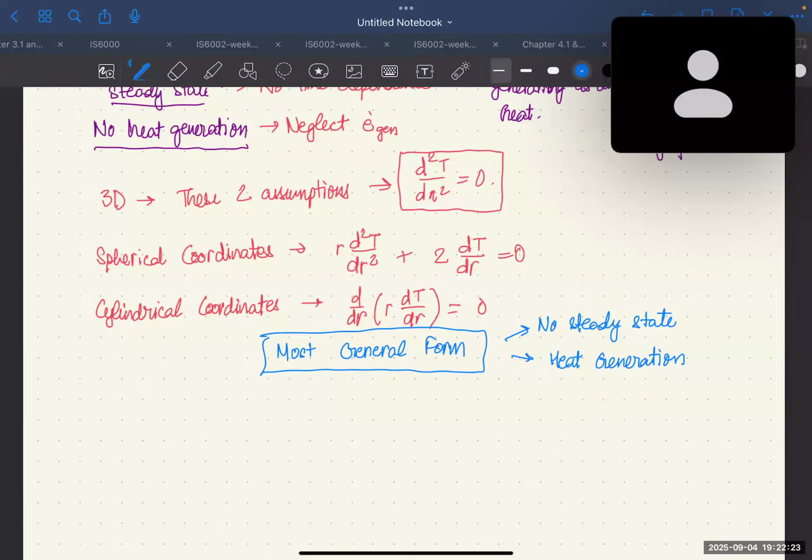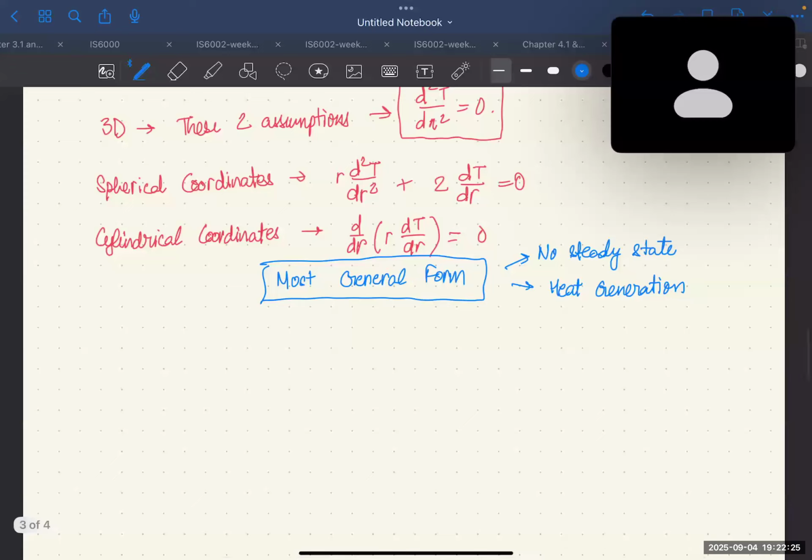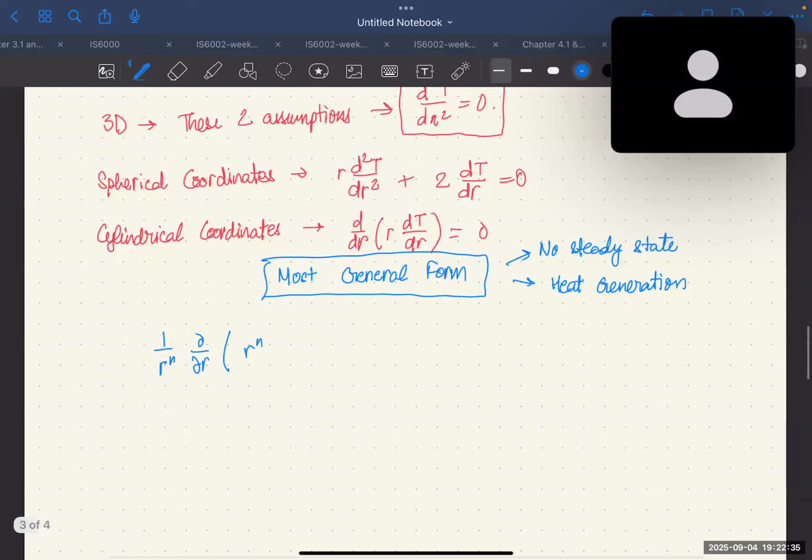So the most general form of the heat transfer equation would be 1 over r to the power n times del over del r of r to the power n k times del T over del r, plus E dot gen, equals rho cp del T over del t.